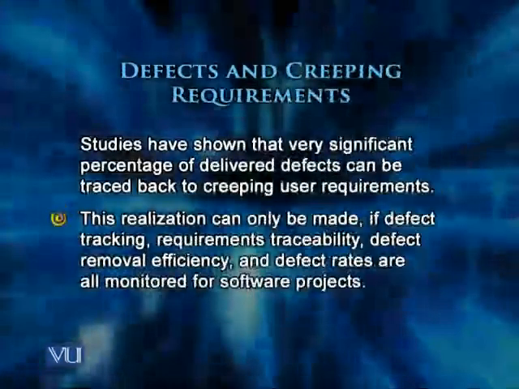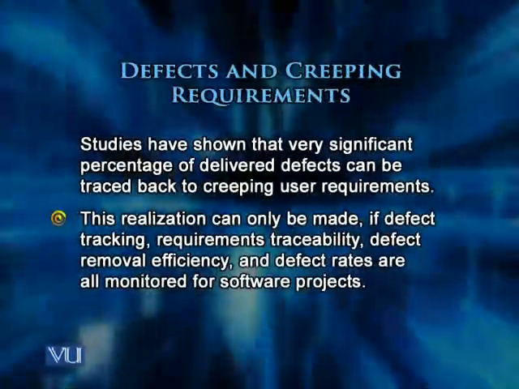This realization, that is the delivery of defects related to creeping requirements, can only be achieved if defect tracking, requirements traceability, defect removal efficiency, and defect rates are all monitored for software projects. These are things directly related to quality assurance, as we discussed in the first phase of this course.